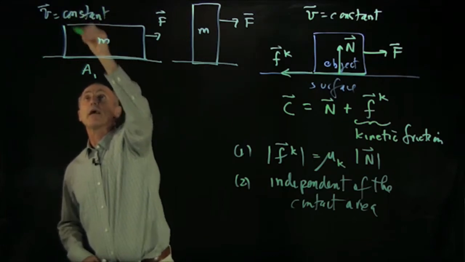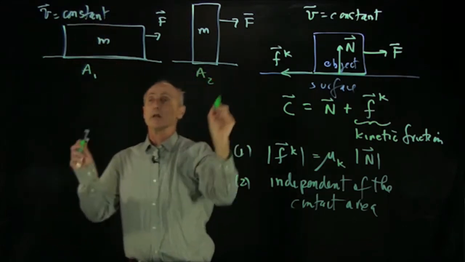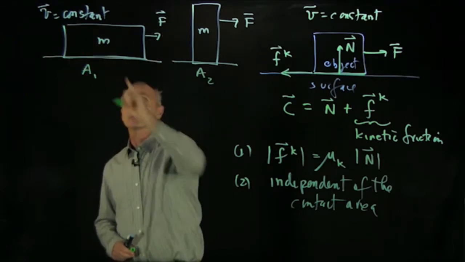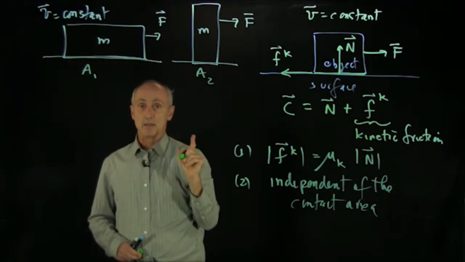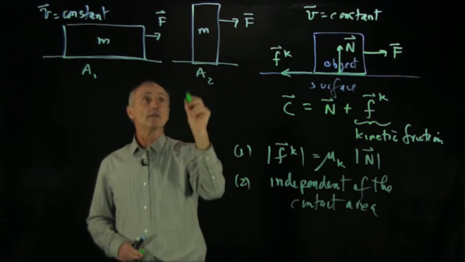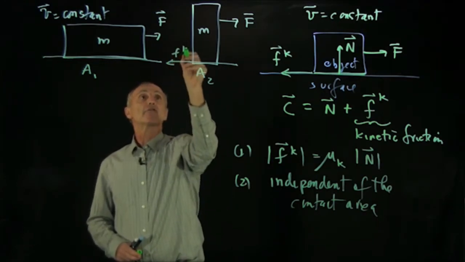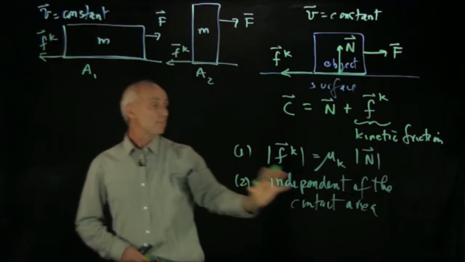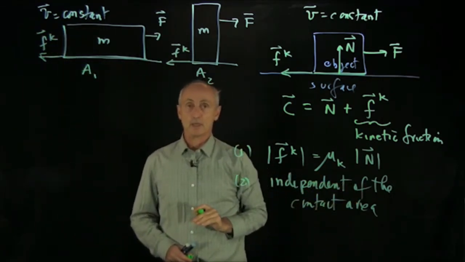Now, these objects have different areas of contact, A1 and A2, but the force necessary to move the object at the constant speed is the same. And because of that, the kinetic friction is the same.